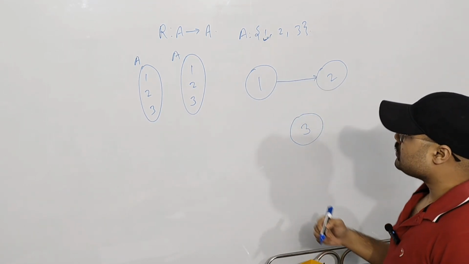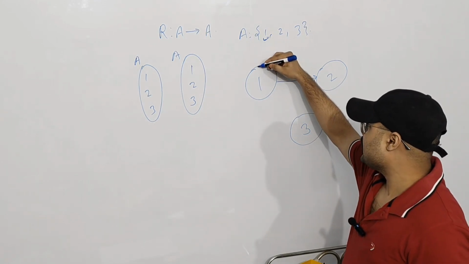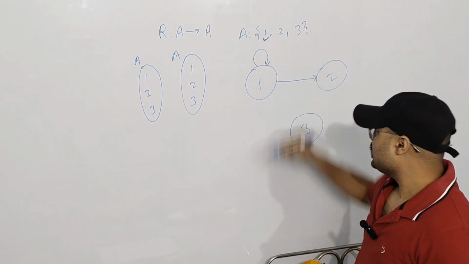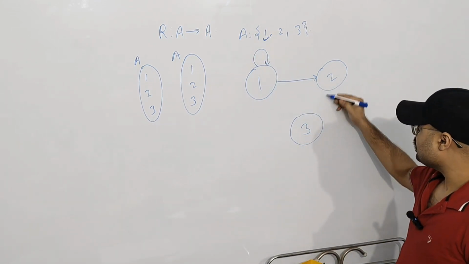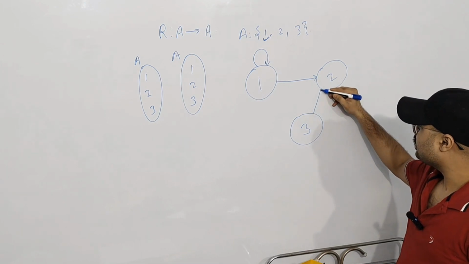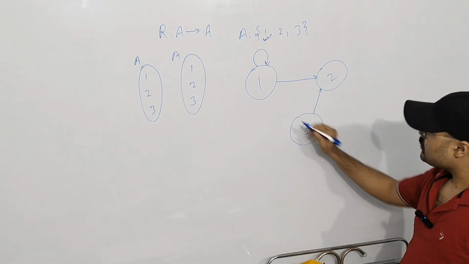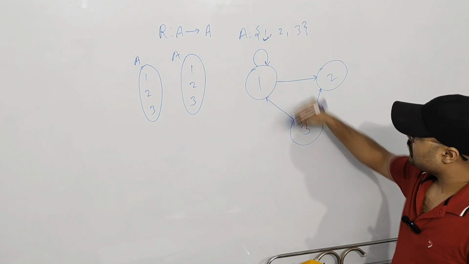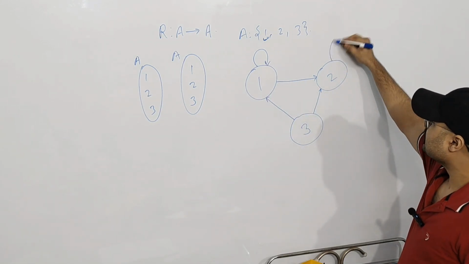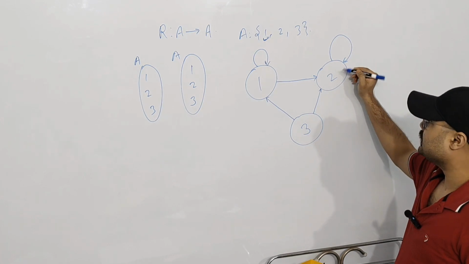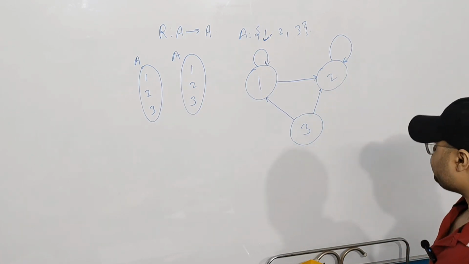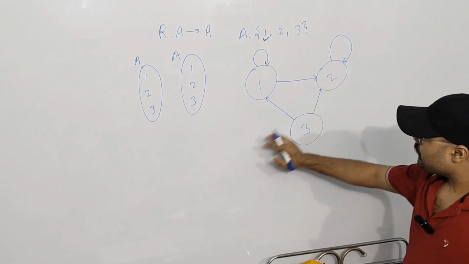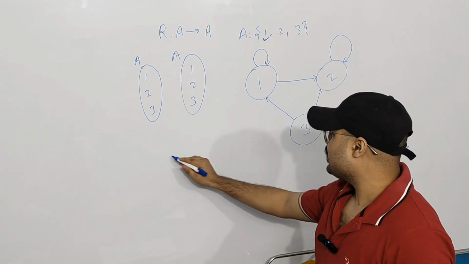If 1 is related to itself, then you will have a directed edge from 1 to itself. Let's say 3 is related to 2, then you will have a directed edge from 3 to 2, and 3 is also related to 1, then you will have a directed edge from 3 to 1. Let's say 2 is related to itself, then you will have a self loop on 2. So from this graph you can say what the relation is.